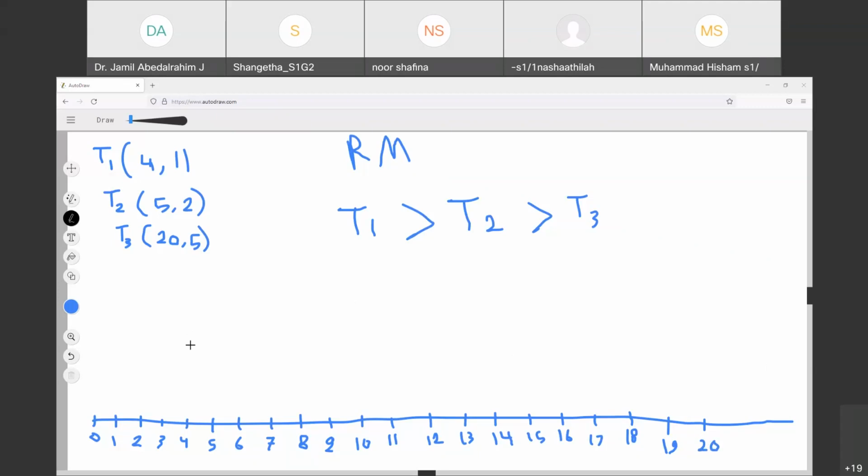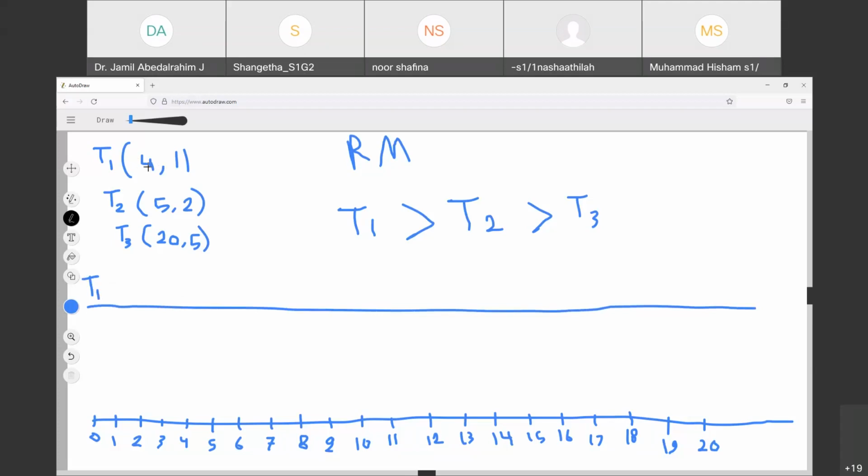Okay, first of all, please follow my steps one by one. The first step, you need to define each task's period interval. First, draw the highest priority task, task 1, which I represent with the blue color, and define each period.